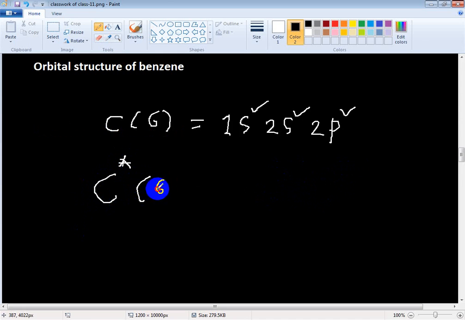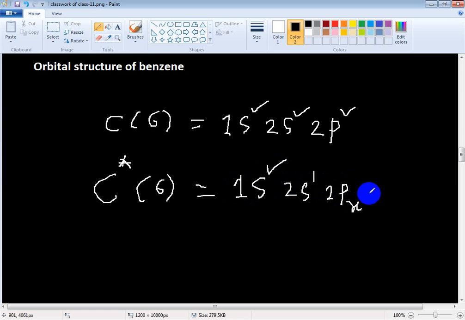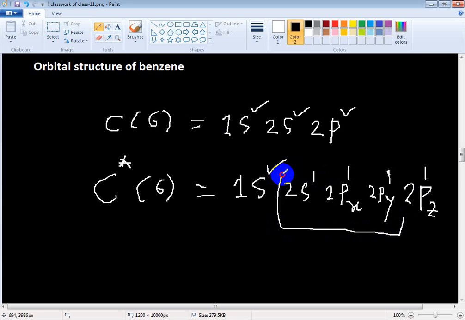Then 1s and 2p, this is sp2 hybridized. Okay, one carbon is sp2 hybridized.